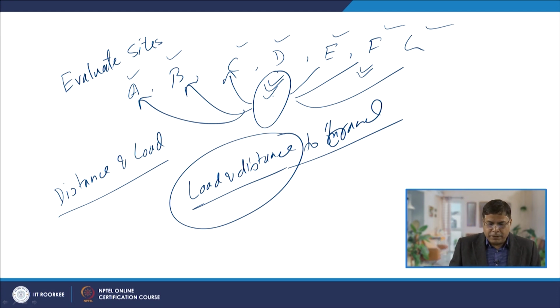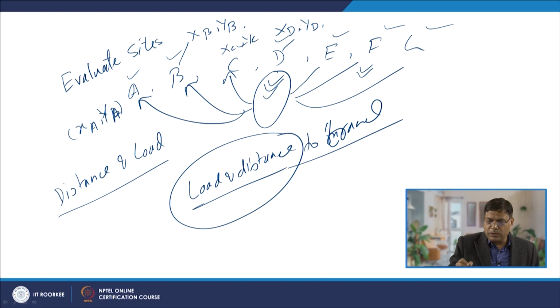So, say the coordinates of a location are x a, y a. Coordinates of b location are x b, y b, and likewise x c, y c for c, x d, y d for d location, x e, y e, and likewise.